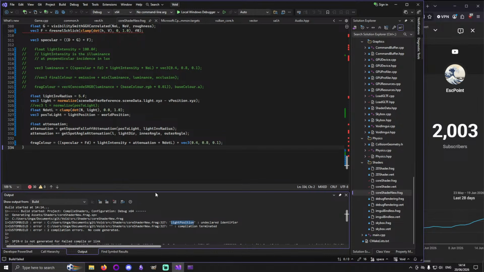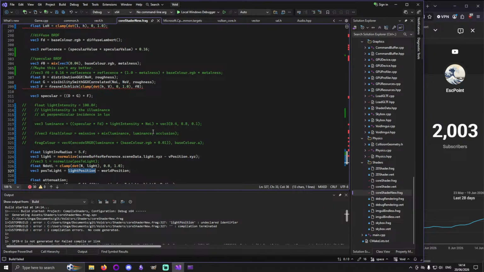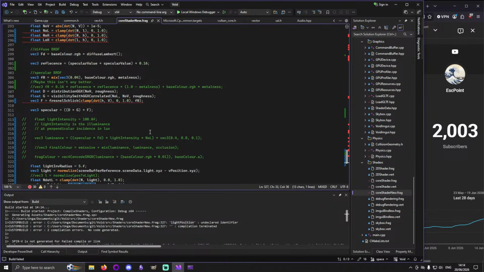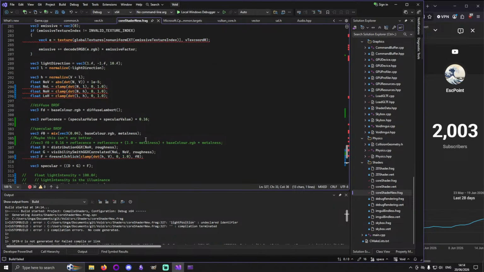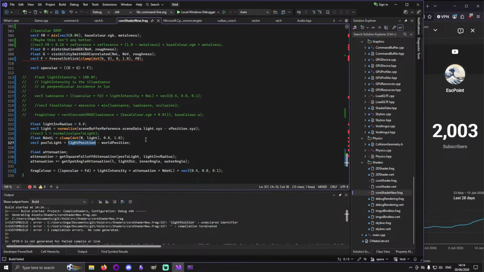Light position, yes. Which is this. I assume that this is similar to the directional light. Maybe. Light position.